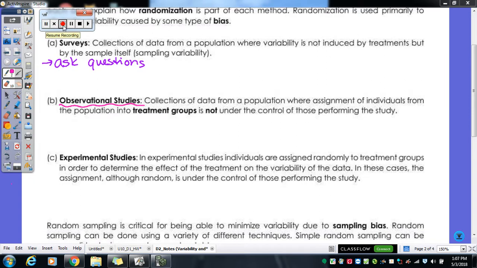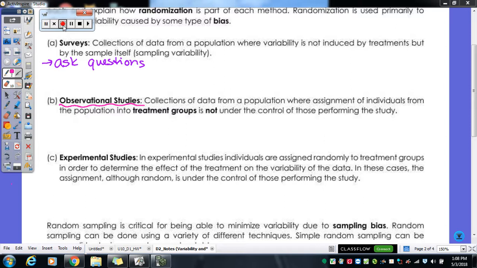Next one, observational studies. Observational studies are collections of data from a population where assignment of individuals from the population into treatment groups is not under the control of the person doing the study. You can't control it. You are purely just observing what is going on.